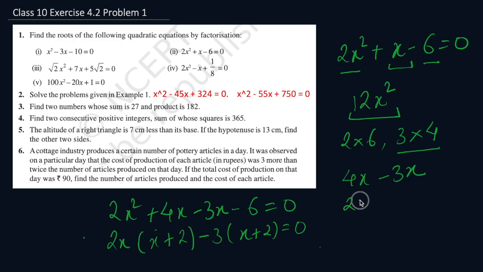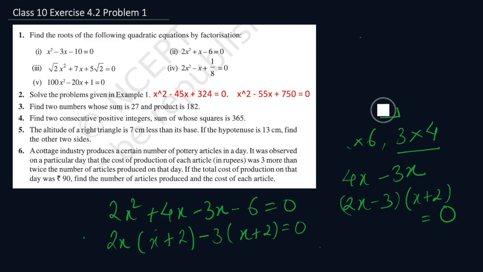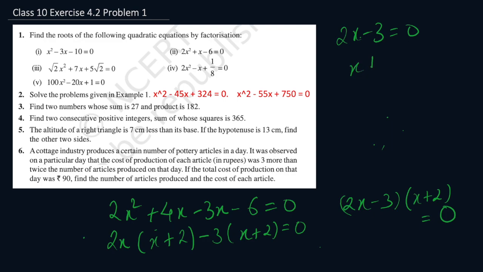So now we have 2x minus 3 times x plus 2 equals to 0. So either 2x minus 3 equals to 0 or x plus 2 equals to 0. So x is either 3 by 2 or minus 2. So the roots are 3 by 2 and minus 2.